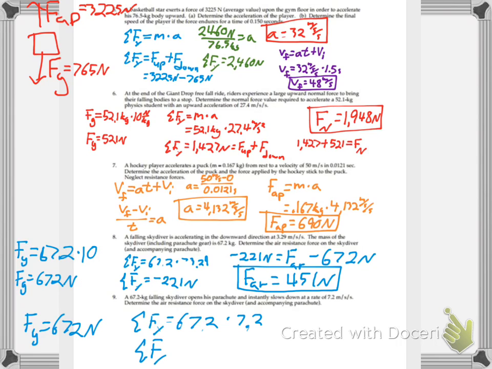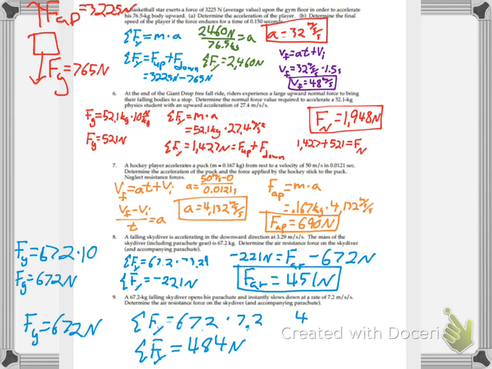So the sum of his forces in y will be his same mass, 67.2 kilograms, multiplied by 7.2 meters per second squared to get a positive upward force of 483, and we can round it to 484 newtons. That will be his net force.